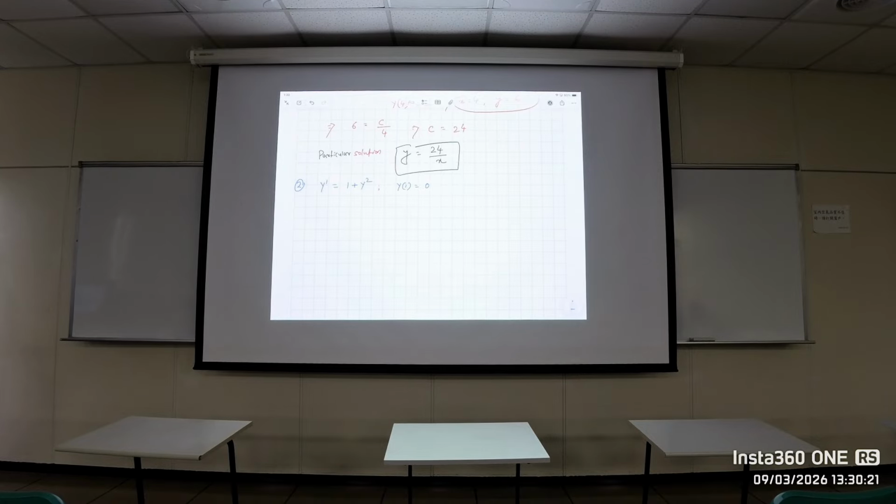Can you solve it? Yes. How? This is dy by dx is equal to 1 plus y square.